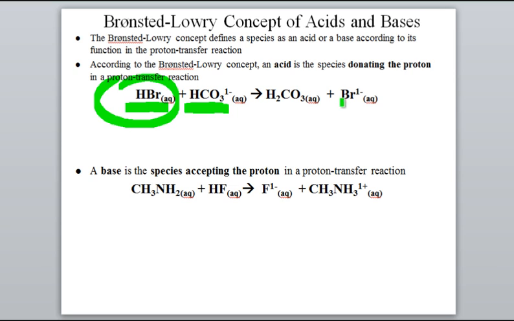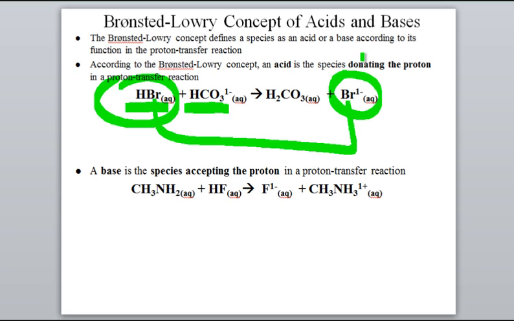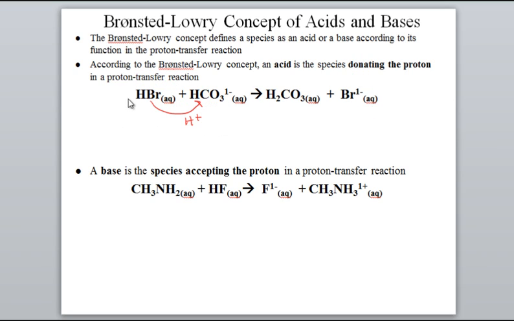HBr, if you look on the product side, what forms? Br negative. It lost an H and a positive charge, so it went from being neutral to being negative. HBr, that's our acid.